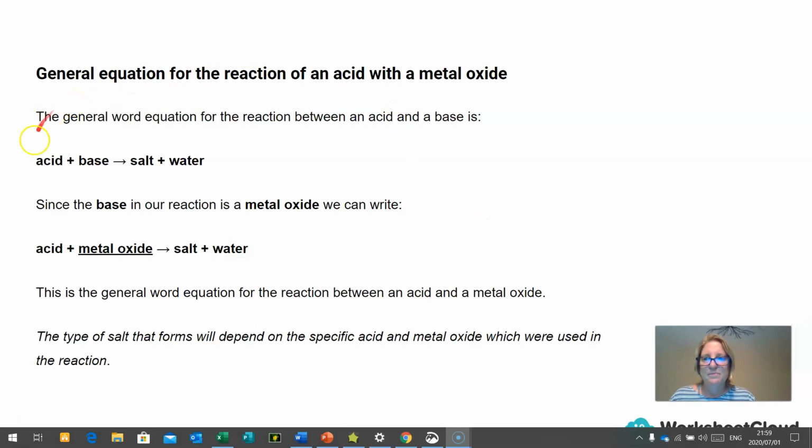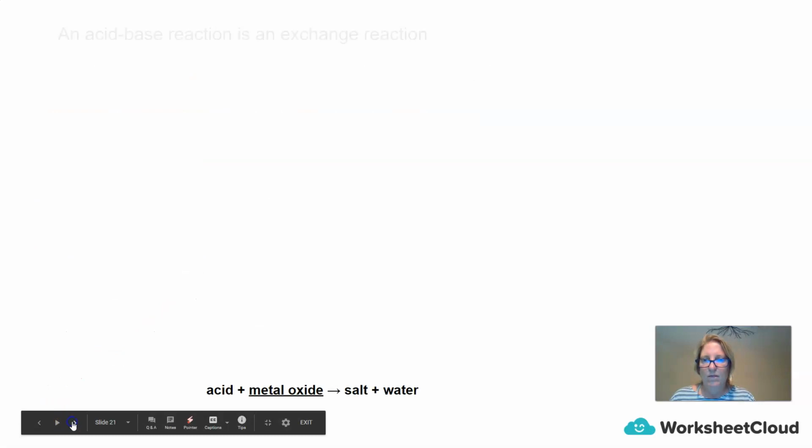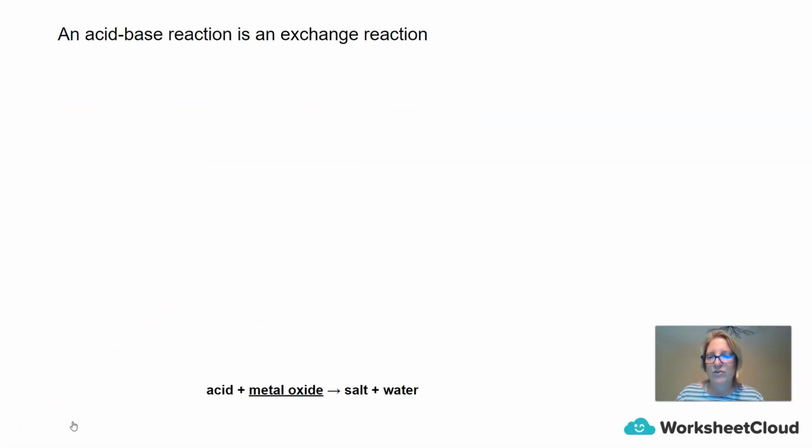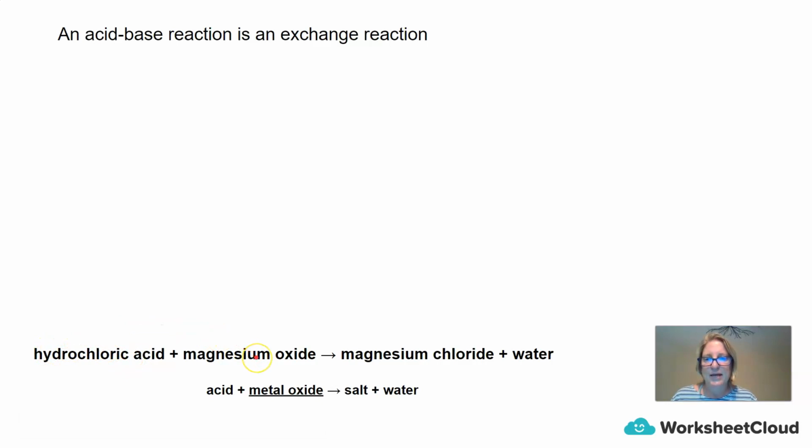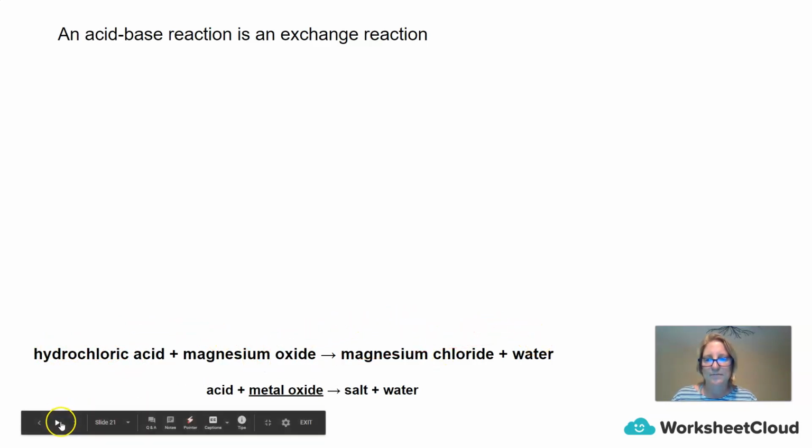So we would expect to see that we've got an acid reacting with a metal oxide, and we are making a salt and a water. This is an acid-base exchange reaction. So here's the word equation: hydrochloric acid plus magnesium oxide gives us magnesium chloride and water.